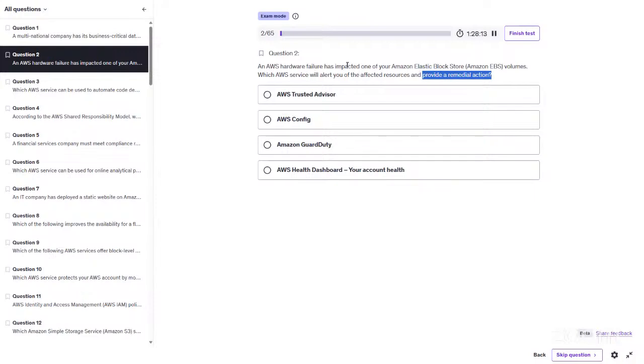Now, because it's saying that there's a hardware failure that's affected it, it's not something you did, it's just something that has affected you and will alert you of the affected resource. That means, and it's also because it's affecting one of your own volumes, it's a health issue from the AWS side. So it's not going to be Trusted Advisor or Config or GuardDuty. It's going to be Health Dashboard. And it's your account health, not the general service health, because it says it has impacted one of your volumes. So the answer is going to be D in this case.